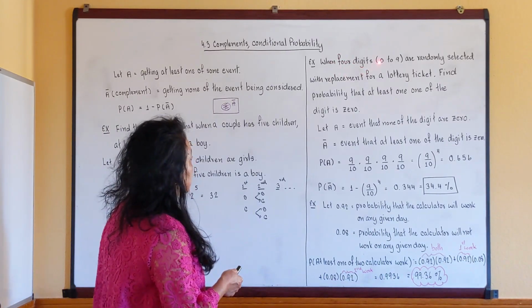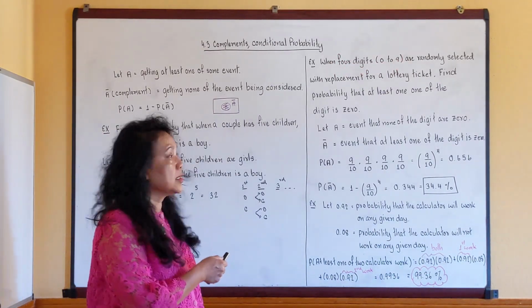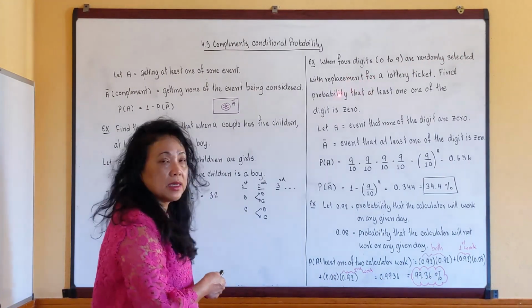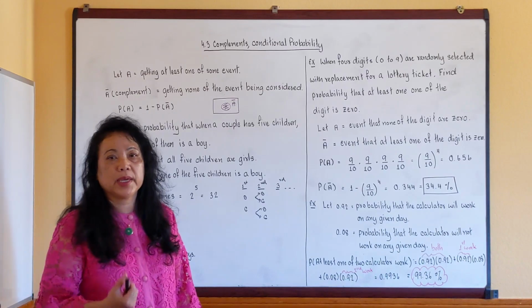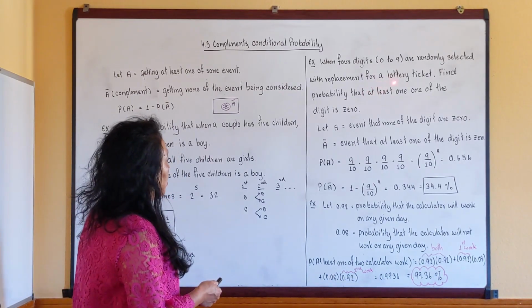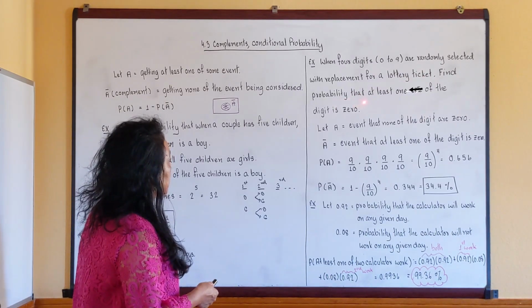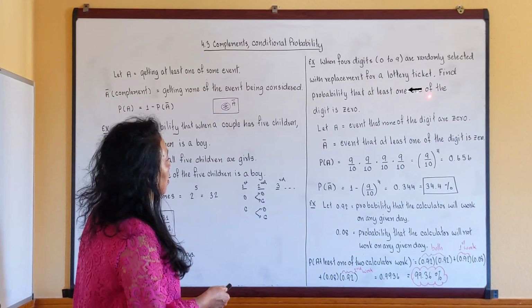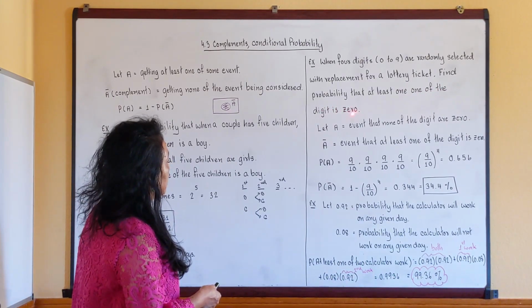When 4 digits, 0 to 9, including 0 and 9, are randomly selected with replacement. With replacement means if you pick some number, that number can be picked again. For a lottery ticket, find the probability that at least one of the digits is 0.